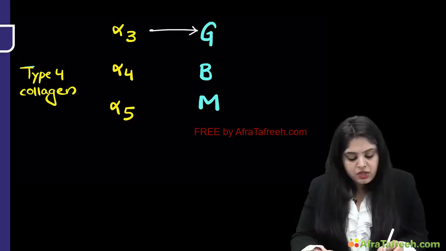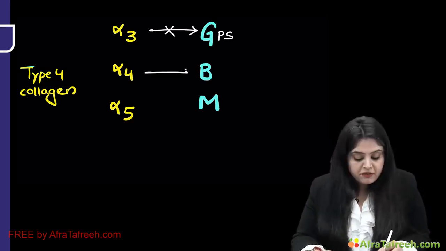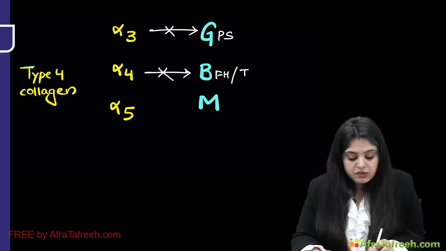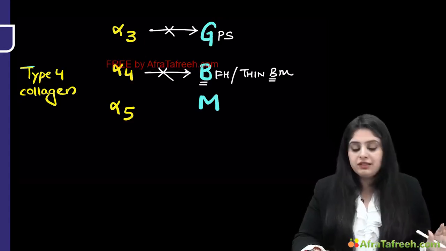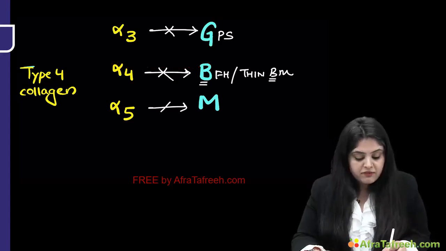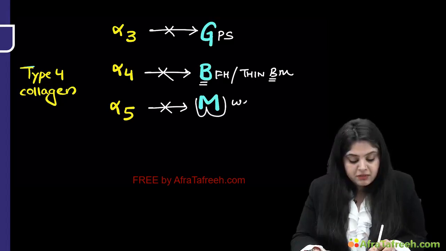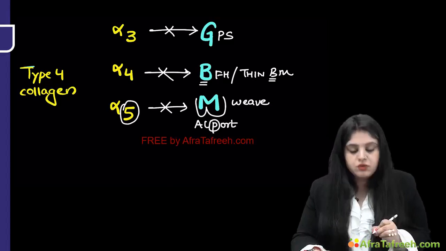Because if alpha 3 chain has a problem, the disease was Goodpasture syndrome. If alpha 4 chain had a problem, you had benign familial hematuria, which was nothing but basement membrane being thin. So either you learn basement membrane thin or you learn benign familial hematuria, it's a B. And when alpha 5 is problematic, I have made it into a W, meaning weaving, basket weave appearance, and you already know alpha penta means we are talking about Alport syndrome.